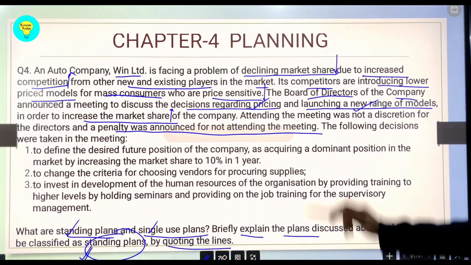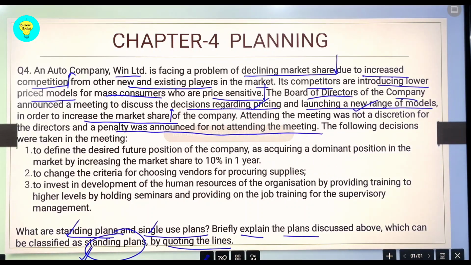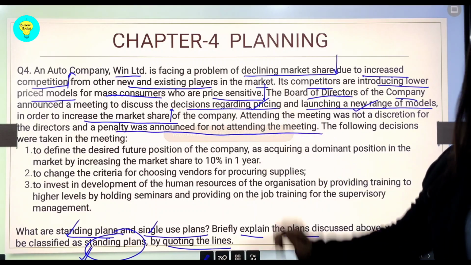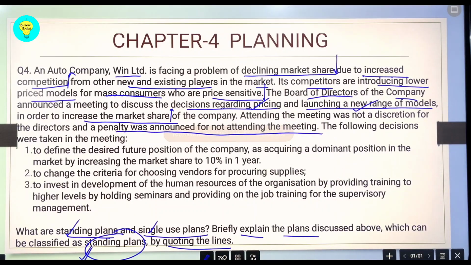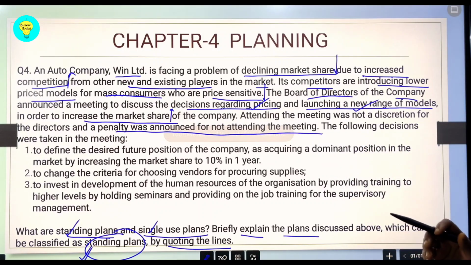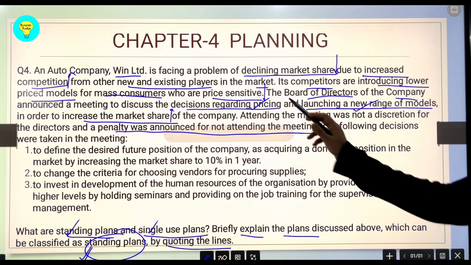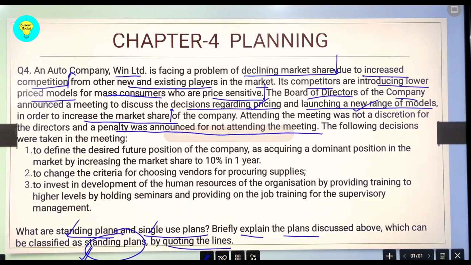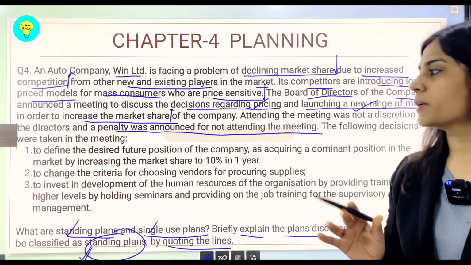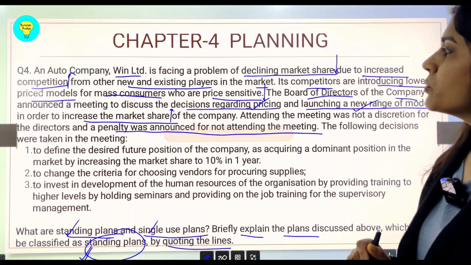So, we can say, students, in these lines we can get that initially the case was talking about a type of competition and actions by the rivals. So, here we can somewhat relate strategy as the type of plan. Then in the next one they are talking about pricing and launching of new varieties of products to particularly cater to the price sensitive consumers.